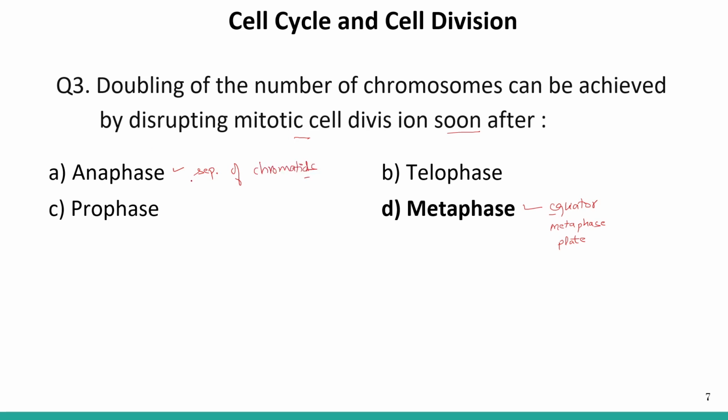So if we block the separation of the chromatids during anaphase, then we will achieve the doubling of the number of chromosomes. So if we disrupt the mitotic cell division during metaphase, we will get the doubling of the chromosomes, and the chromosomes will not separate during anaphase.